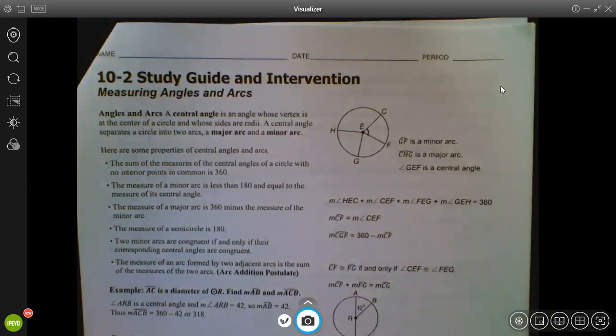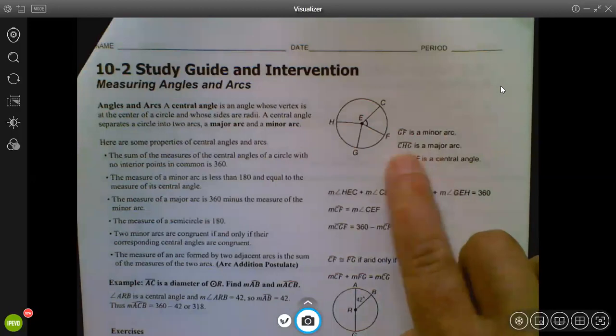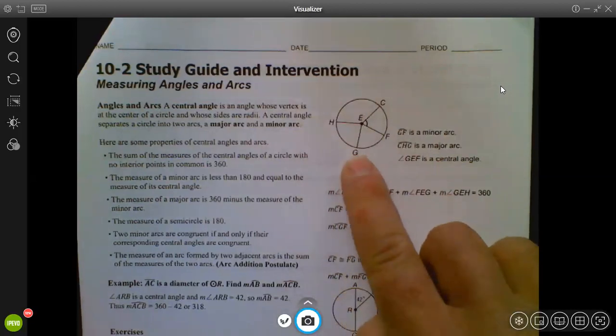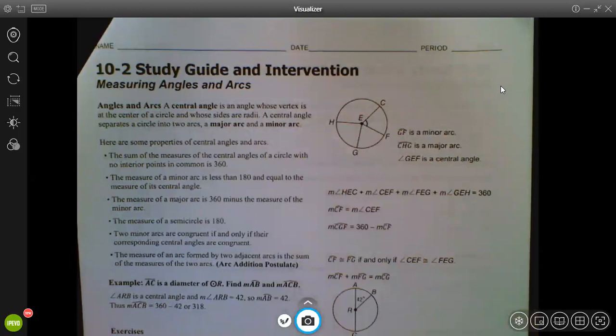And a little more vocab for you, if you get an arc that is more than half the circle, so if it's more than 180 degrees, then we call that a major arc. So that's this guy. So if you look right here, if we said arc CHG, since that is more than half the circle, we call that a major arc.